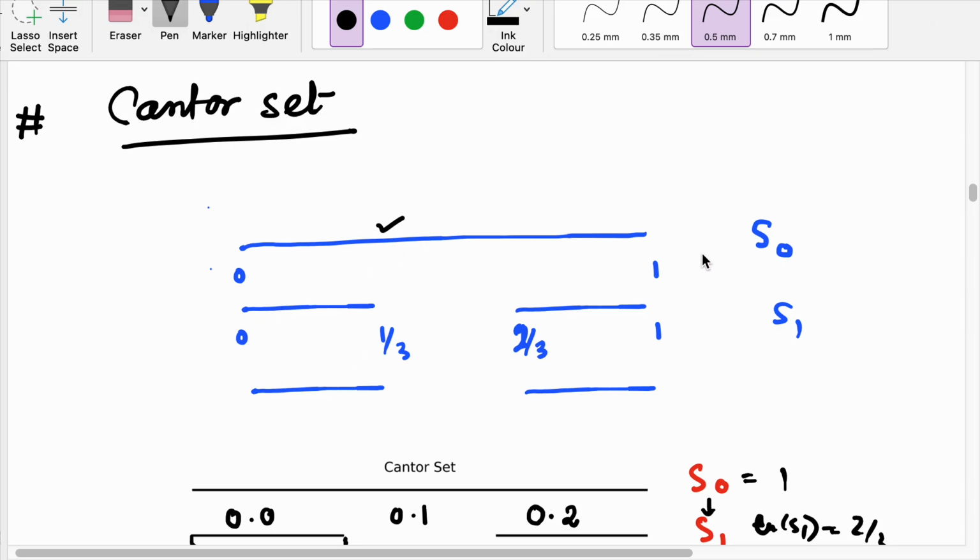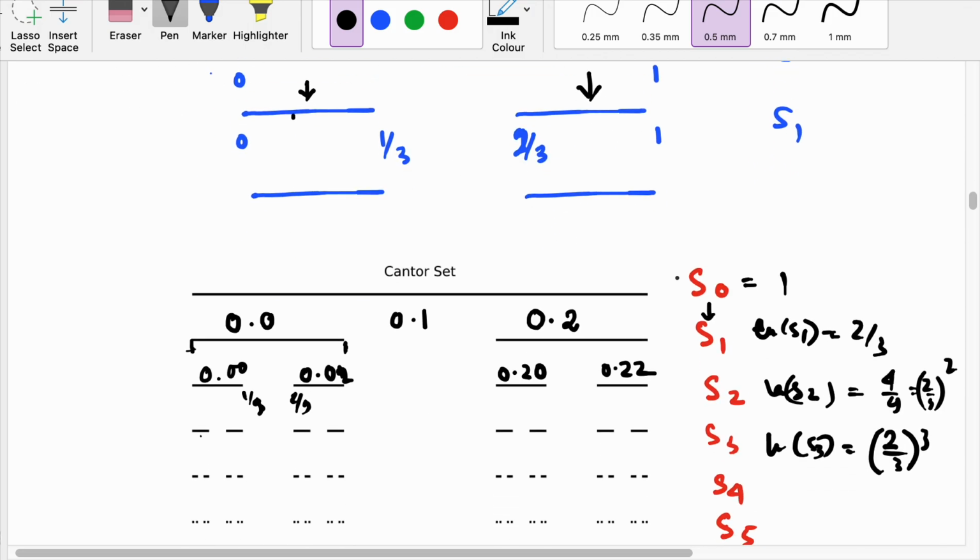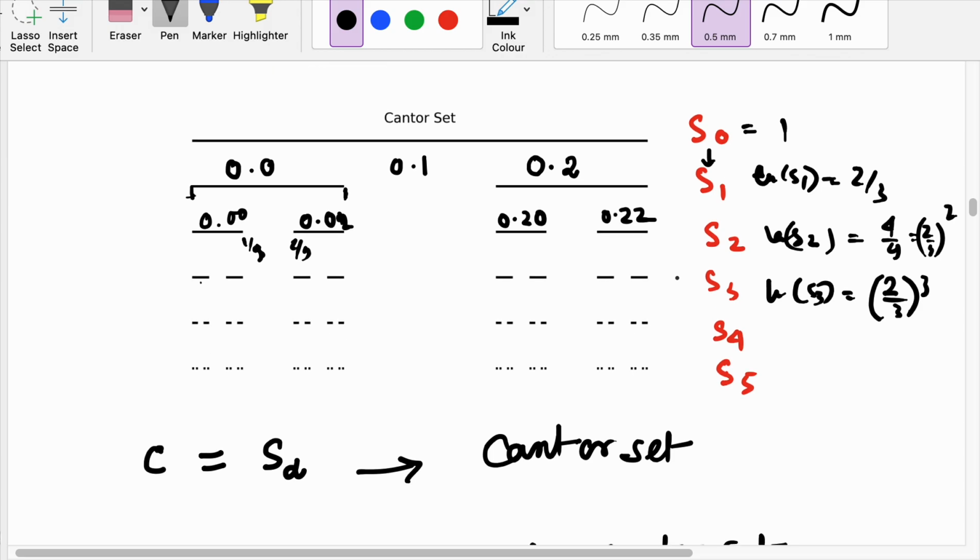Now if I reduce the size by 1/3, I need 2 copies of this kind of straight line to fill this whole space, and it is similar everywhere.